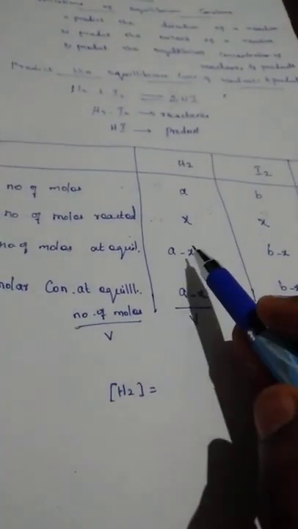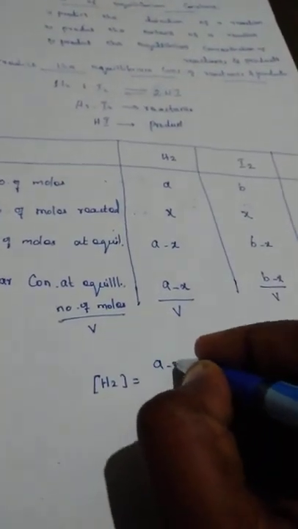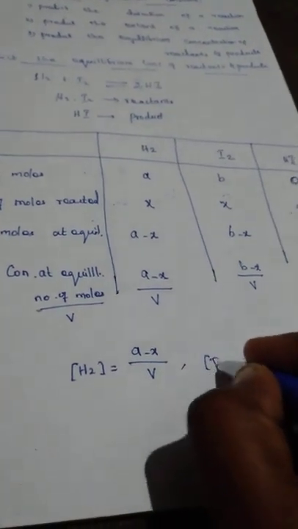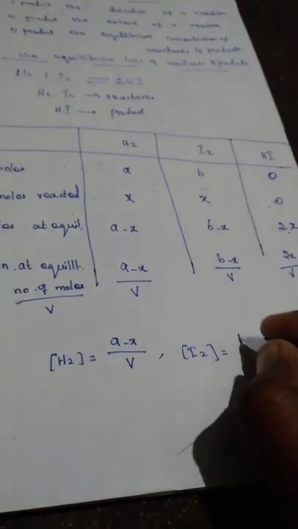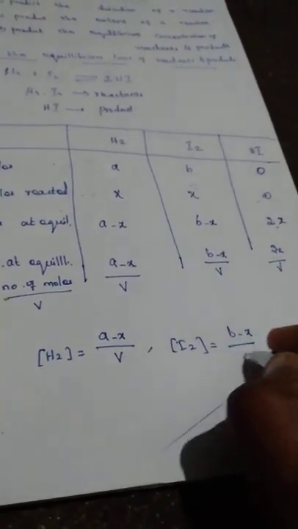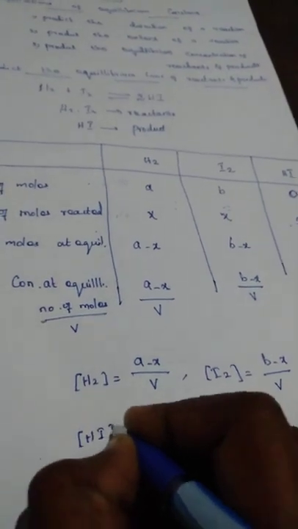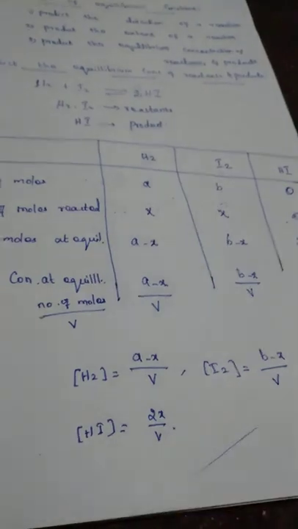Concentration of hydrogen is A minus X divided by V. Concentration of iodine is B minus X divided by V. Concentration of hydrogen iodide is 2X divided by V.